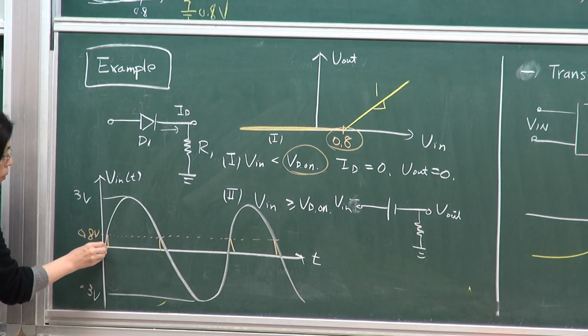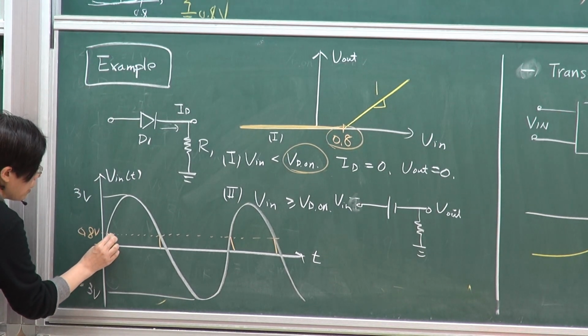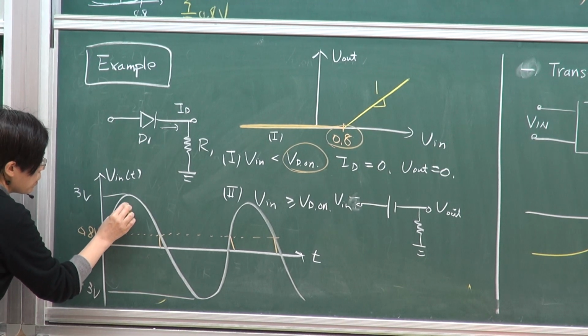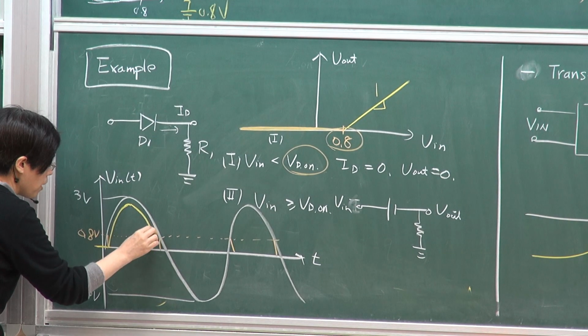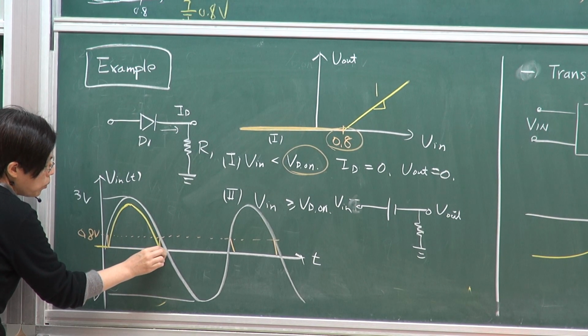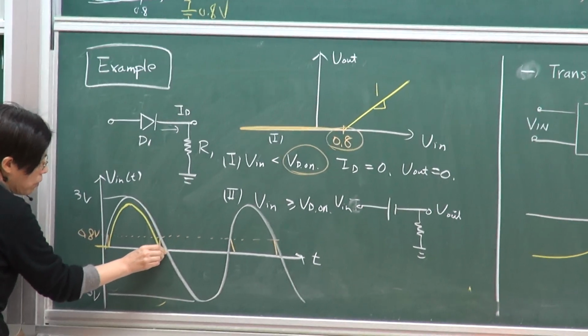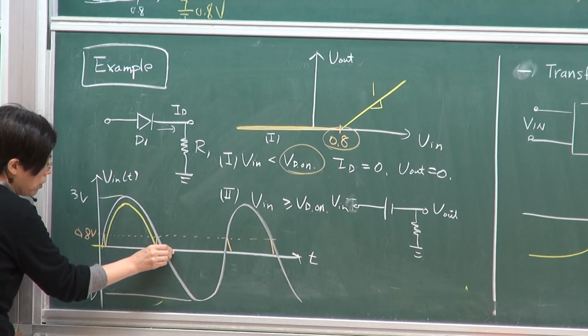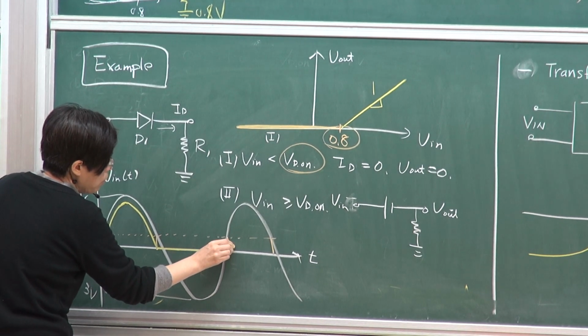When it's lower than 0.8, there's no current flow. And then when it exceeds, it will follow with a difference of 0.8 and then drop down. And then when it goes lower than 0.8 and even to the negative realm, it will then flatten out at 0 and go up.